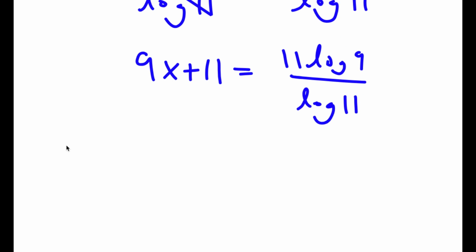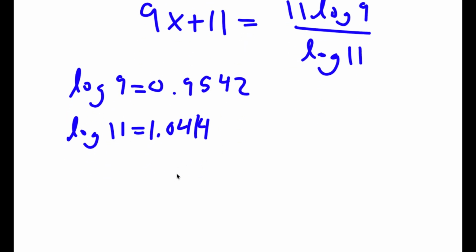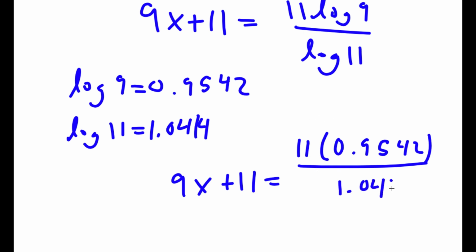Now, log 9 is equal to 0.9542, and log 11 is equal to 1.0414. So now I have 9x plus 11 is equal to 11 times 0.9542 over 1.0414.